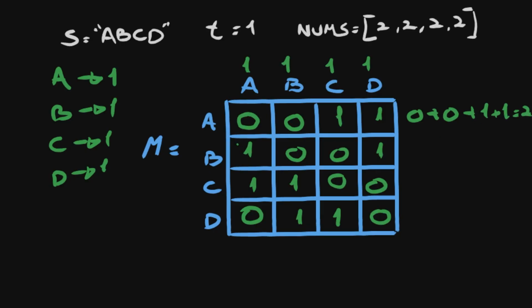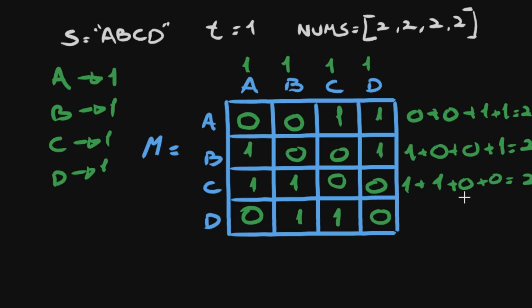Similarly, 1 times 1 is 1, plus 0 times 1 is 0, plus 0 times 1 is 0, plus 1 times 1 is 1. This is also 2. Next, 1 times 1 is 1. 1 times 1 is 1. 0 times 1 is 0, and 0 times 1 is 0.